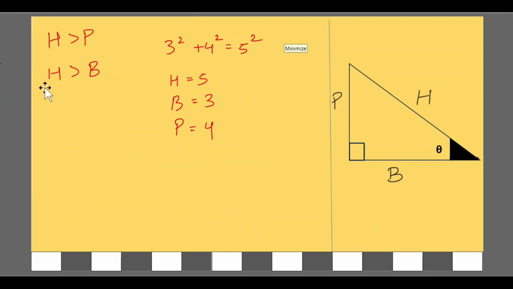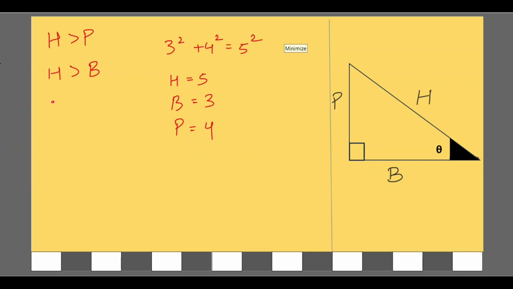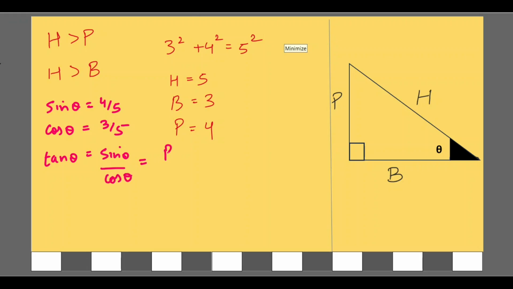I know that in the previous example, sine theta is perpendicular 4 over 5, cosine theta is base over hypotenuse 3 over 5, and tan theta will be sine theta over cos theta, which is nothing but perpendicular over base, which is 4 over 3. Okay.